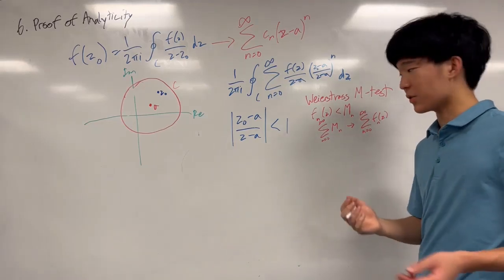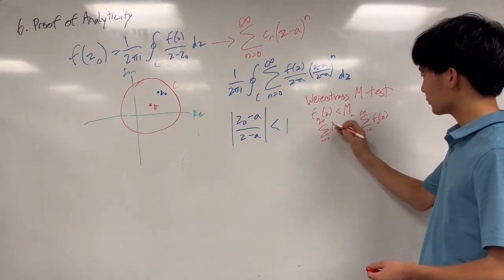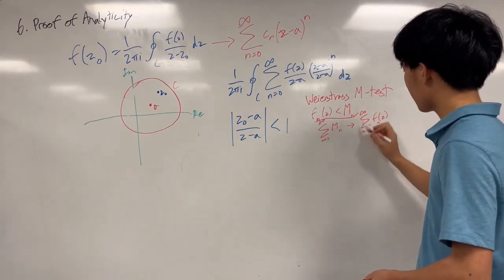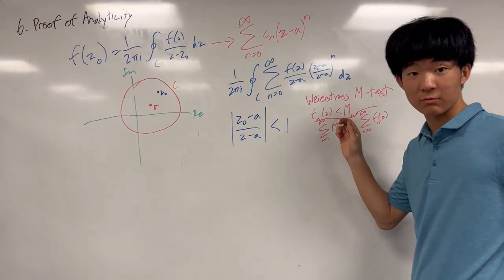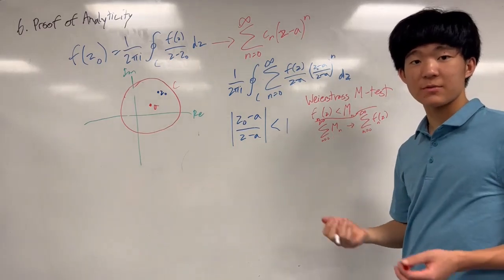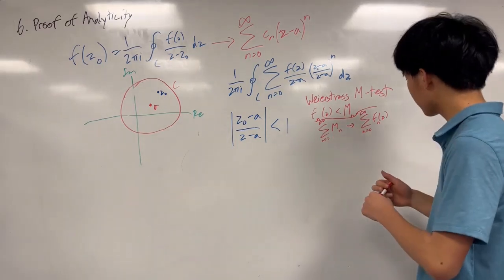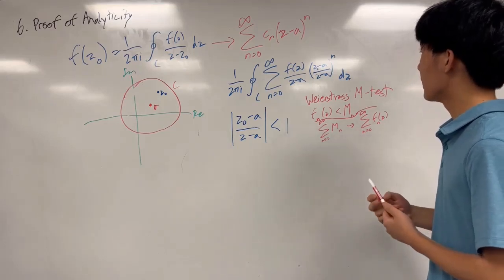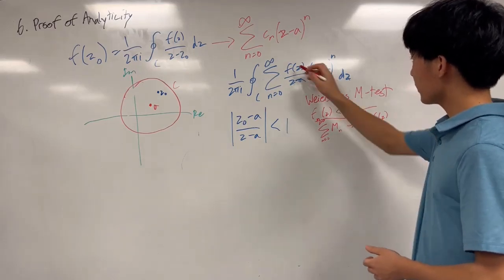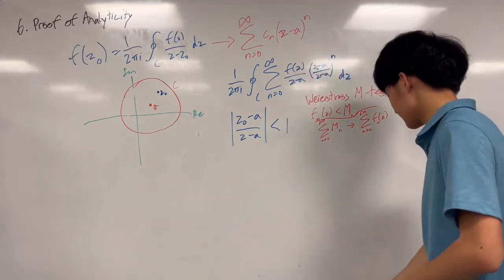Which kind of makes sense when you think about it, right? If you can prove that the infinite sum of something bigger converges, surely the infinite sum of something smaller should also converge, right?